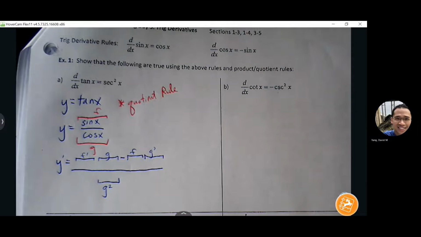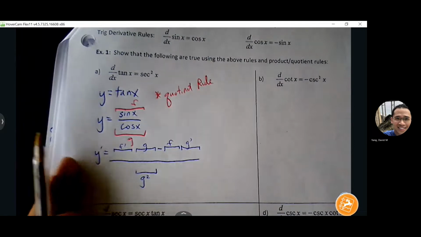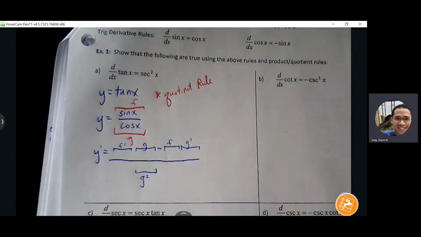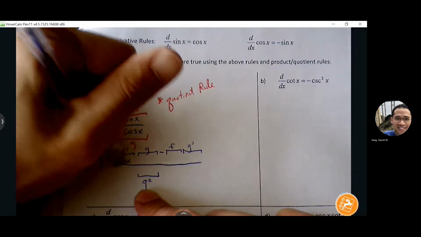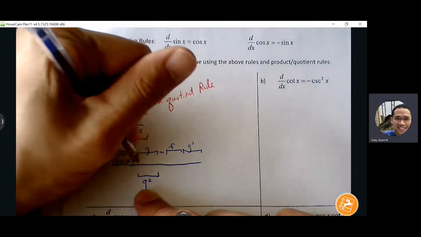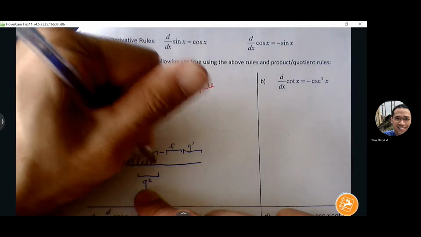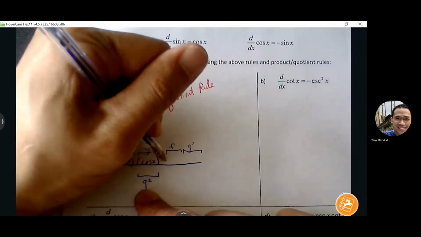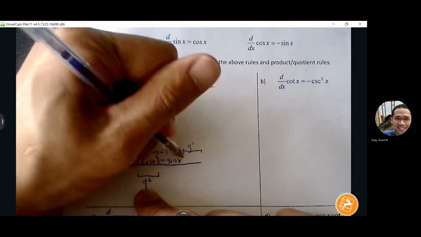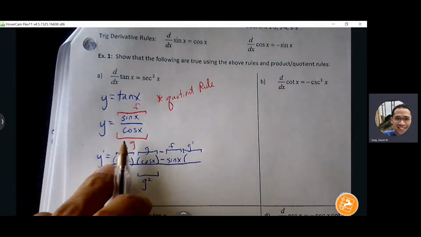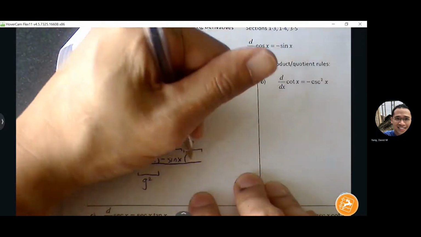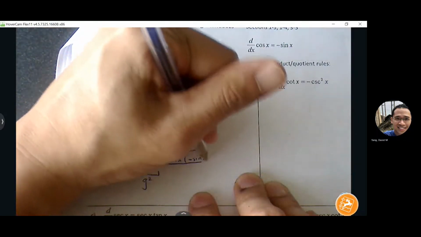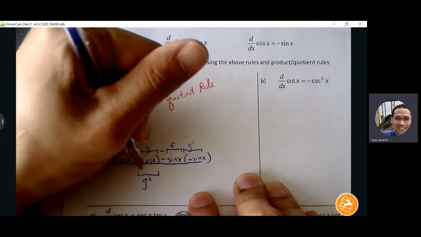Cosine. Times the original g function, minus back to f. What's cosine's derivative? Yeah, right here, negative sine. All over denominator squared.